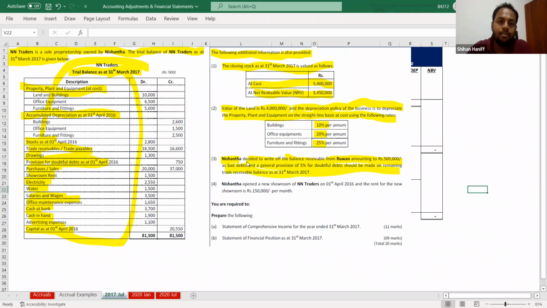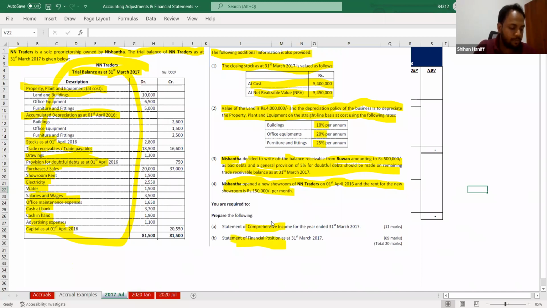So we have done this yesterday. So we can apply the method into the financial statement. Nishantha opened a new showroom on 1st of April 2016, and the rent for the new showroom is 150,000 per month. You are required to prepare the statement of comprehensive income and the statement of financial position.